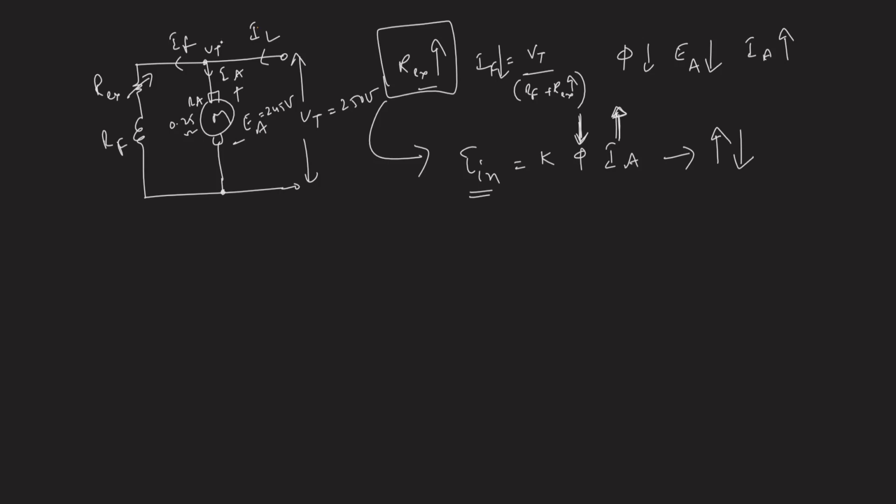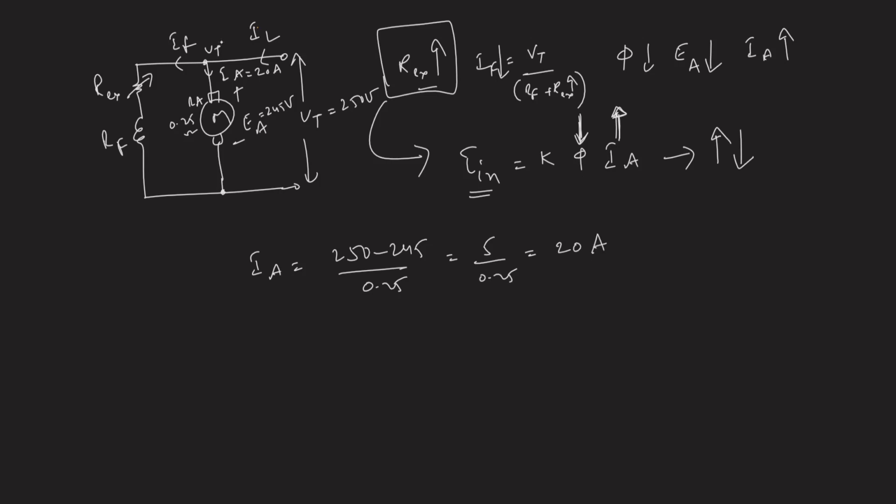Is it right? Ia is equal to 250 minus 245 divided by 0.25. So this is 5 by 0.25. How much does it come to? This is 20 amps.